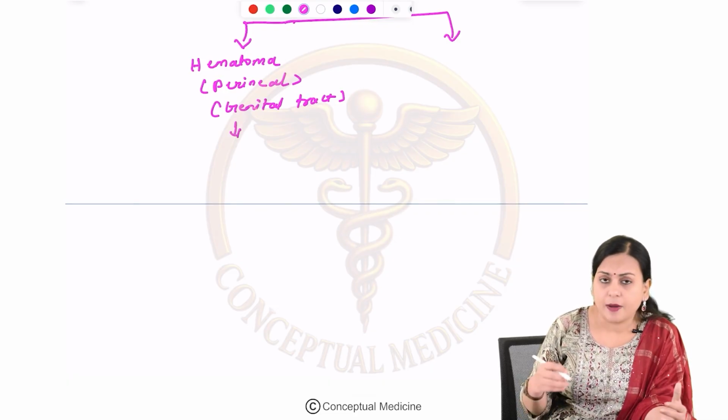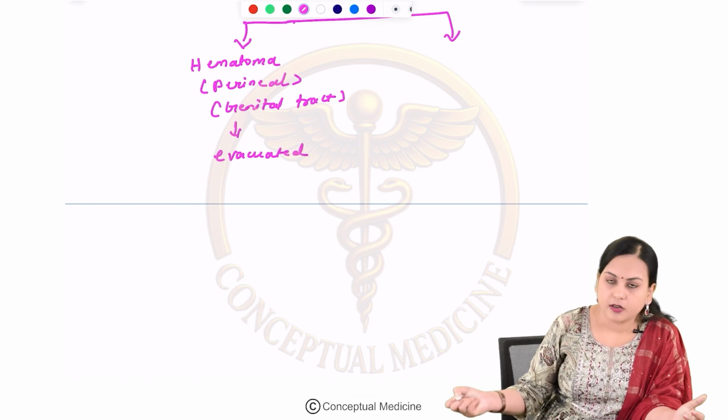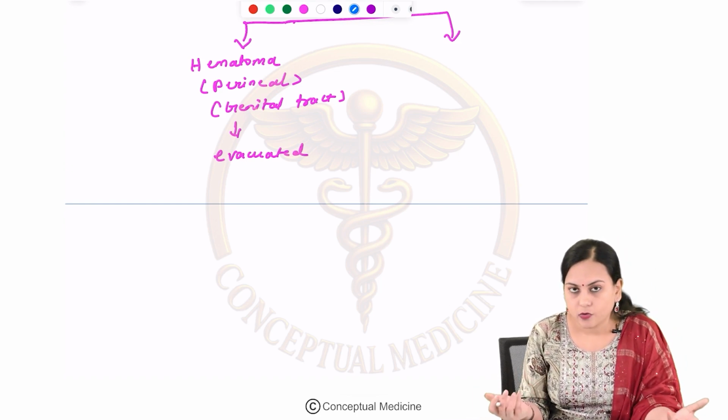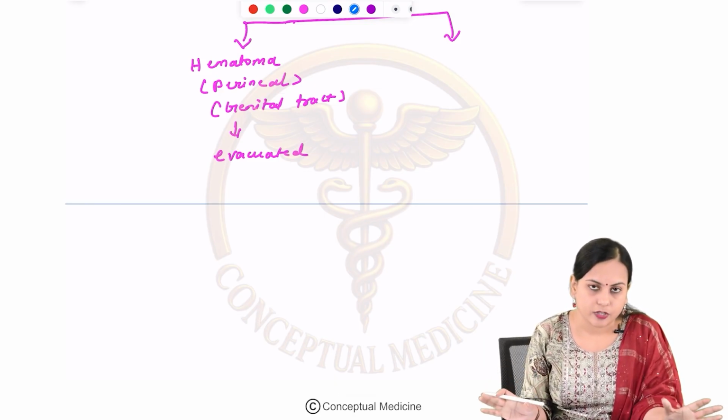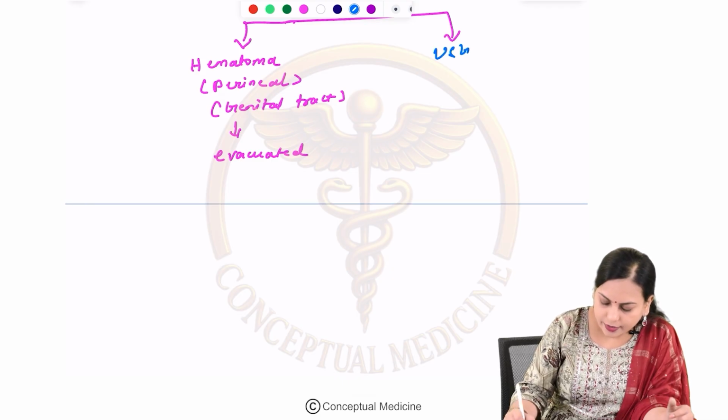Then if any hematoma is present, then it has to be ideally evacuated, right. And then simultaneously, if there is no hematoma, you can keep an ultrasound machine in the labor room itself and you can examine her with ultrasonogram.